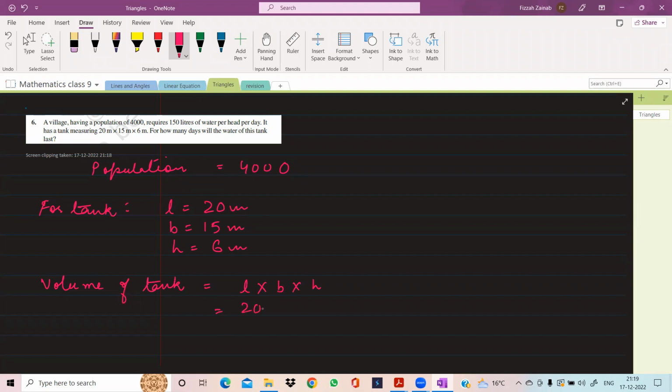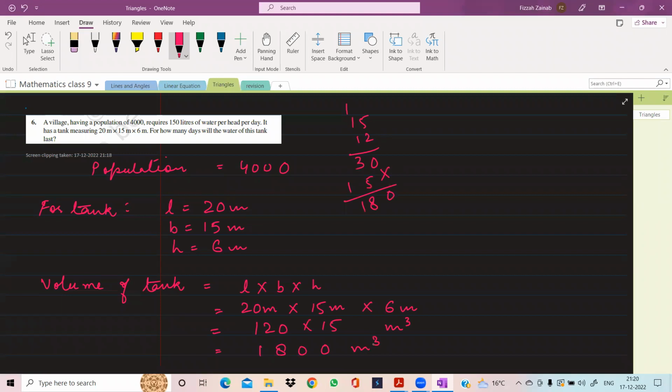So you multiply everything, 20 meter into 15 meter into 6 meter. So 2 into 6 is 12, so 120 into 15 meter cube. So this 0 I can write here, and 15 into 12, 2 into 5, 10, carry 1, 3, 5, 1. So I'll get 180. So 1800 meter cube. Understand?